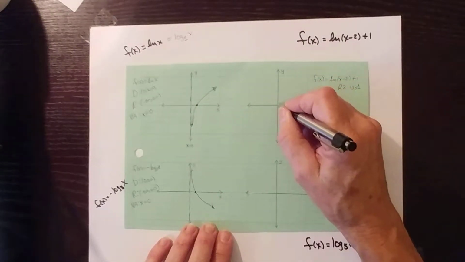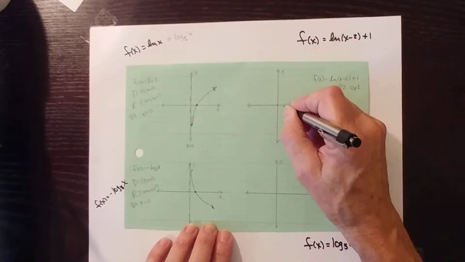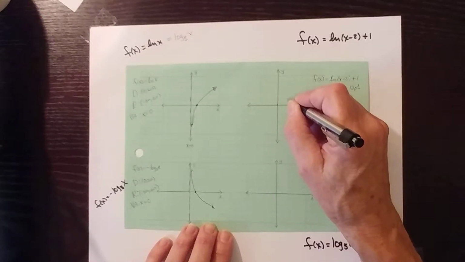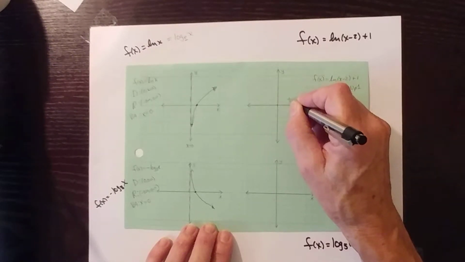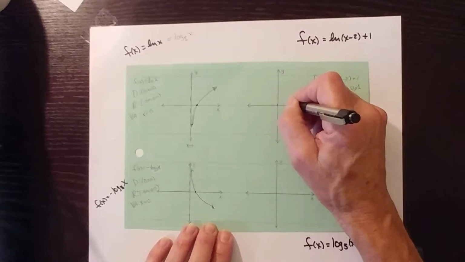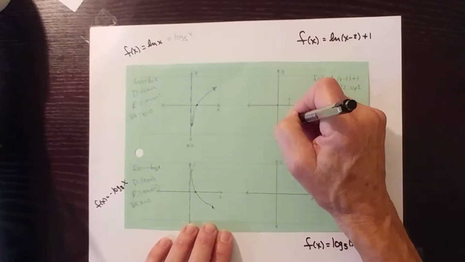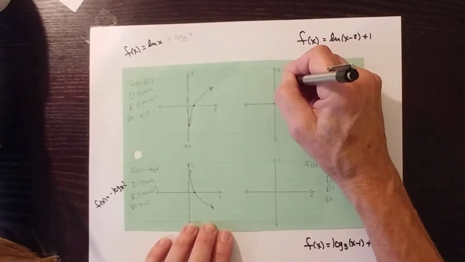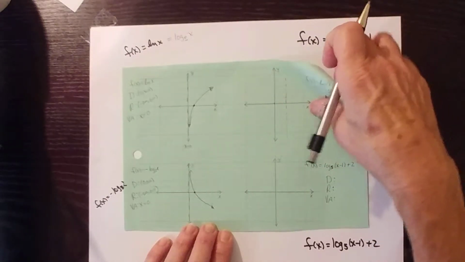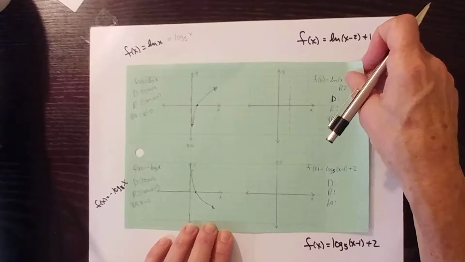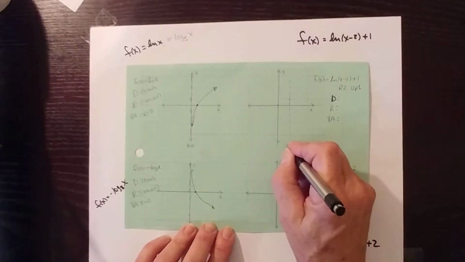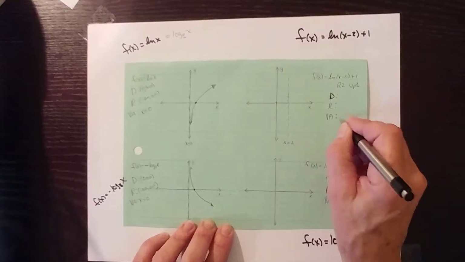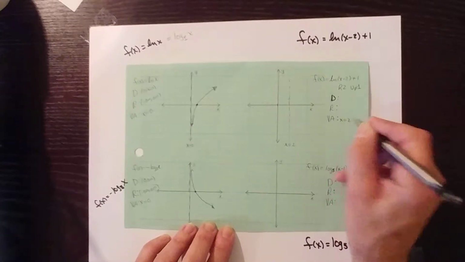So this is the origin, and it's going to get shifted 1, 2, up 1. This is my new sort of xy axis. If this is my new xy axis, then right here is the new y-axis. It got shifted right there. So the vertical asymptote is no longer x equals 0. It is x equals 2.